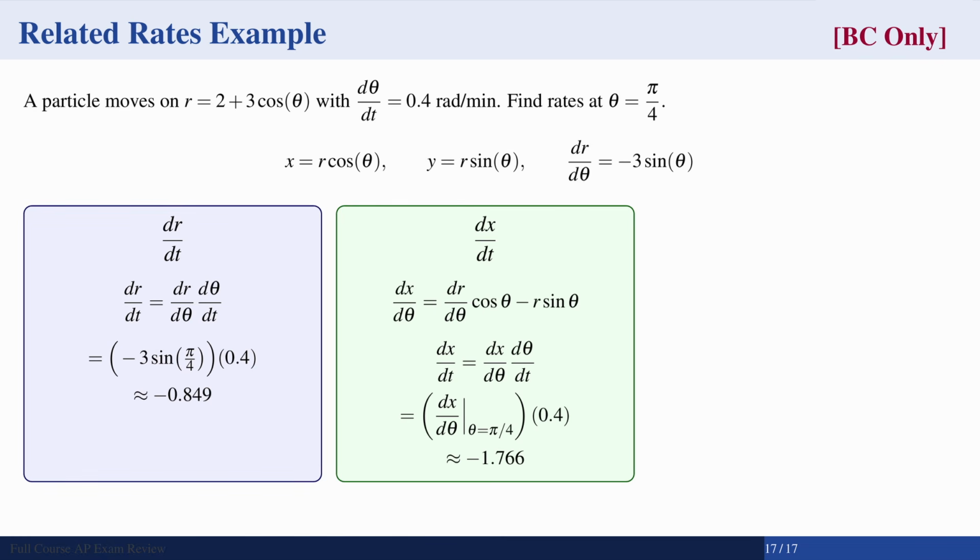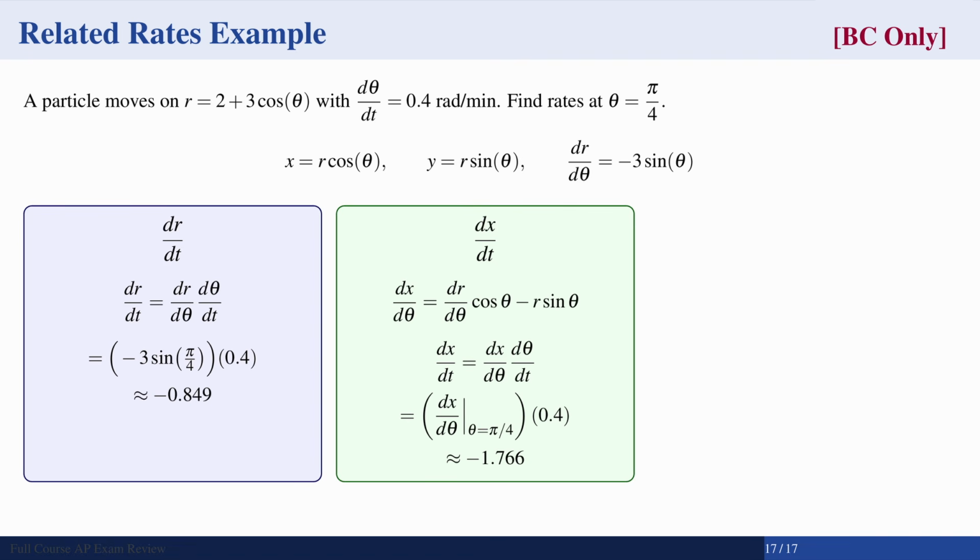For dx dt, I don't think you'd have to do it by hand, but if you did, x is r times cosine of theta. So dx d theta is first derivative of the second plus second derivative of the first, but if you rearrange it so that you don't have a negative leading coefficient, you get dr d theta times cosine minus r times sine. Then you have to do dx dt is dx d theta times d theta dt. I would just use a calculator to find dx d theta. I think this would be calculator.